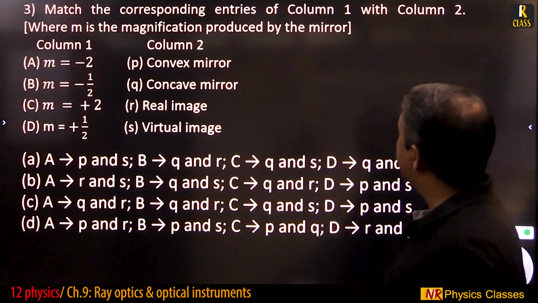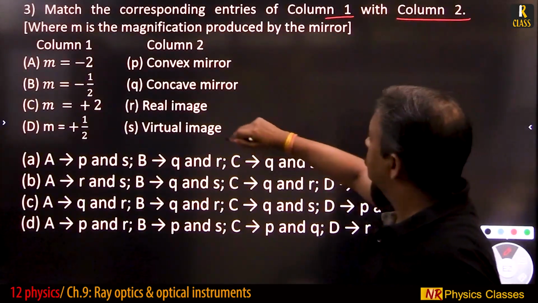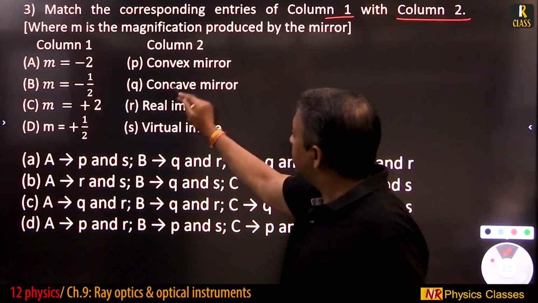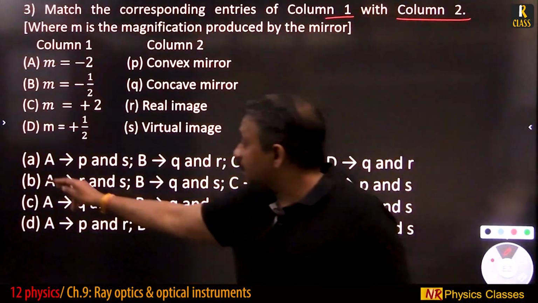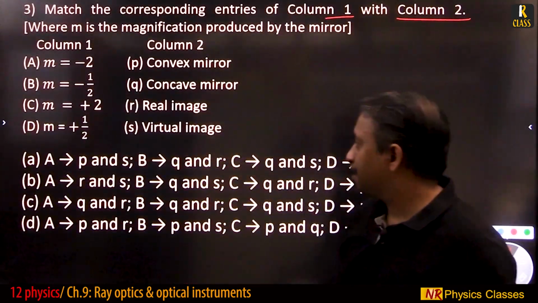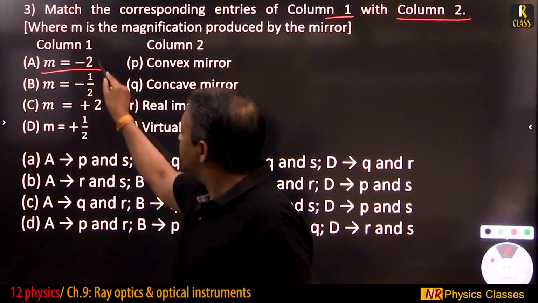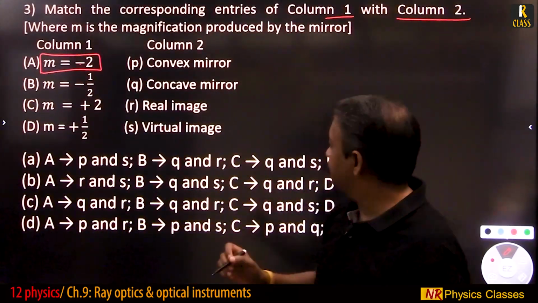Match the corresponding entries of column 1 and column 2. Column 1, magnification. Column 2, convex, concave, real, virtual. And then these are the options, A, B, C, D. Now consider A. Magnification is -2. Magnification minus means inverted.